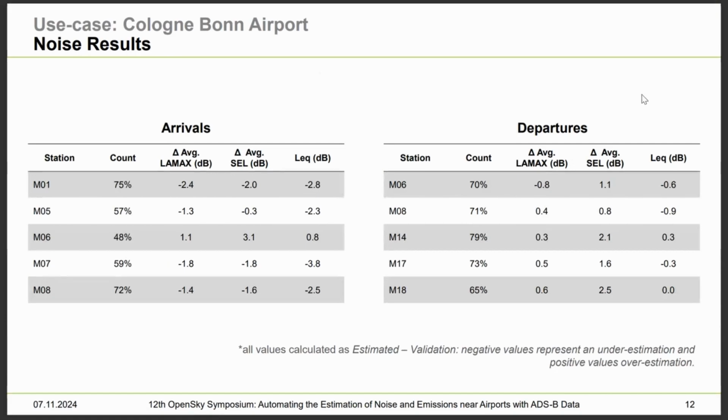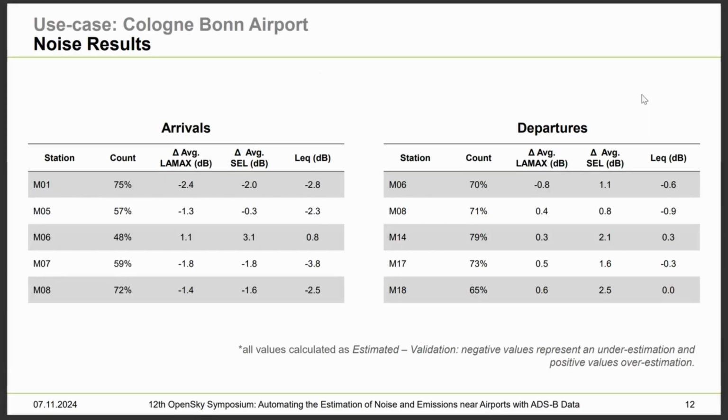On to the results of this validation exercise. You can see here results for arrivals and departures split. Of course, the count is just the percentage of noise events at the relevant noise station between OpenSky and the total of the validation dataset.